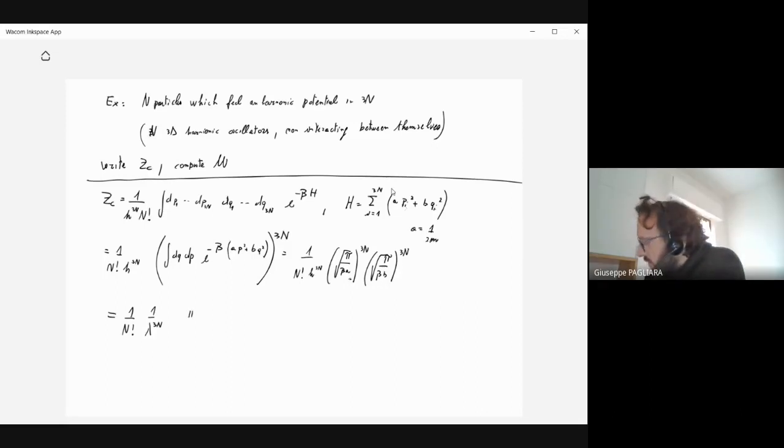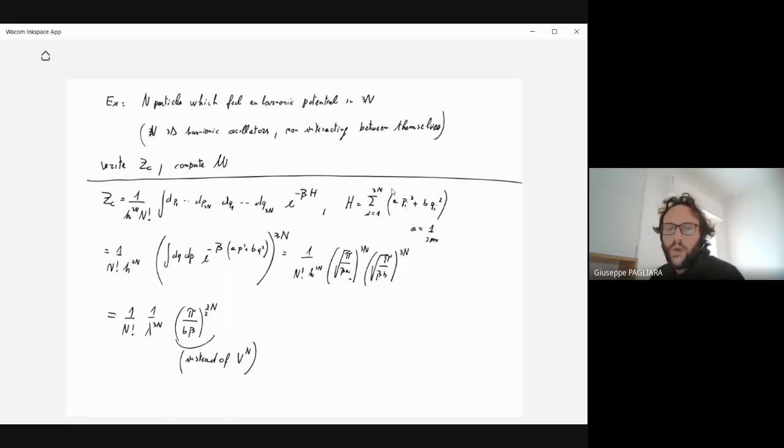Then I have an additional factor in this case, which is pi divided by b beta, to the power of 3/2 n. If you compare with the previous case, instead of V to the power of n, since we now have a dependence of the Hamiltonian on the coordinates, we have this factor pi divided by b beta to the power of 3/2 n.